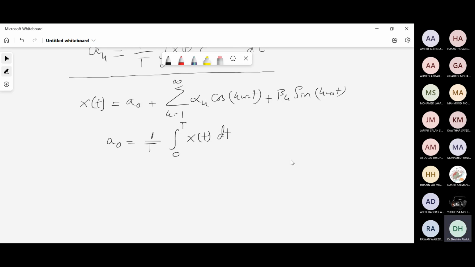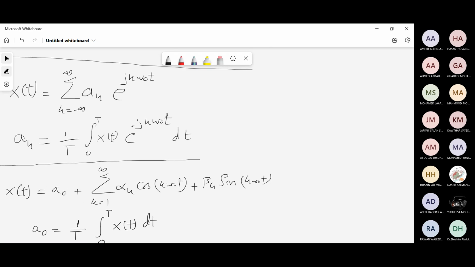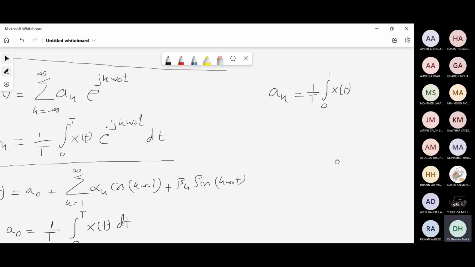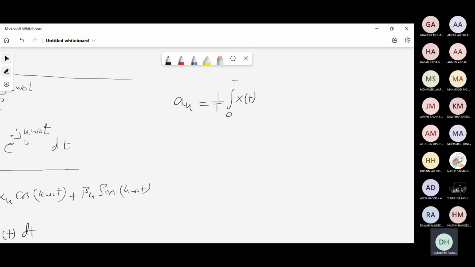Okay, how to find alpha and beta? This is A_k, as we said. It's equal to 1 over T integration from 0 to T of x of t, e to the power of minus j k omega naught t.